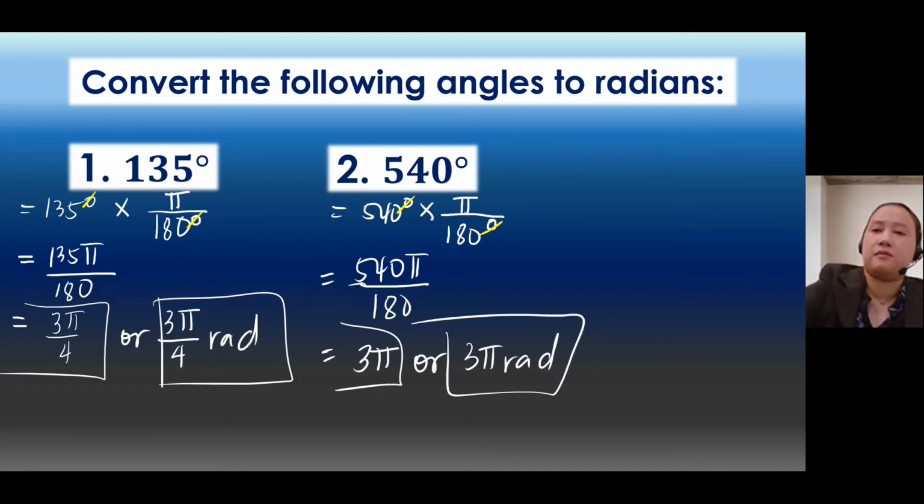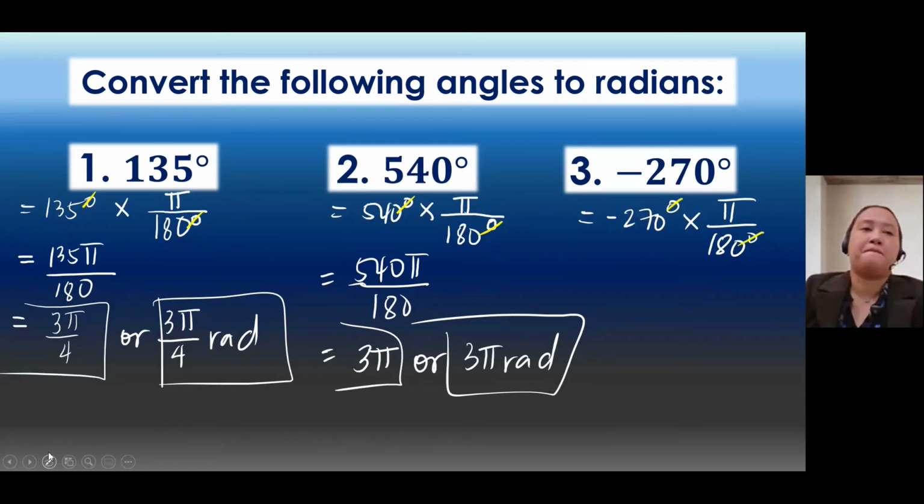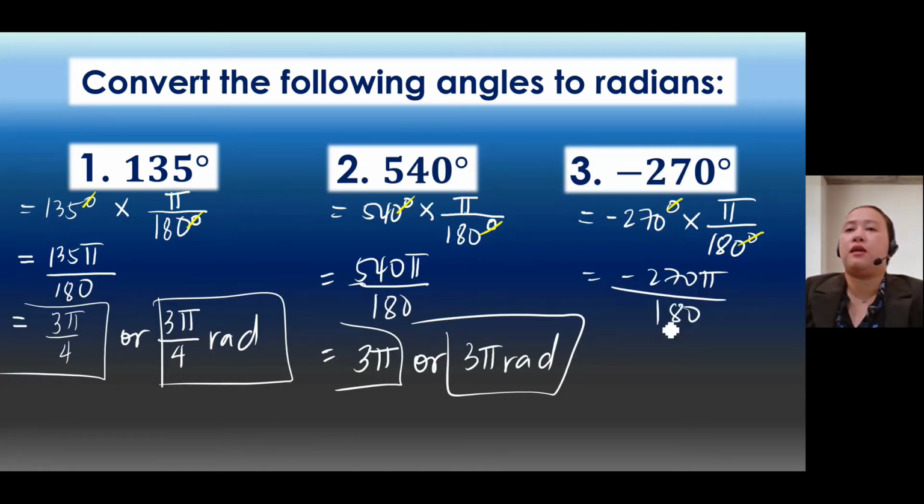Okay, the next one, negative 270 degrees. Same process, so pi over 180 degrees. Cancel the unit. We have negative 270 pi over 180.